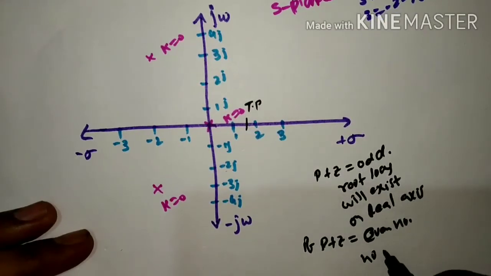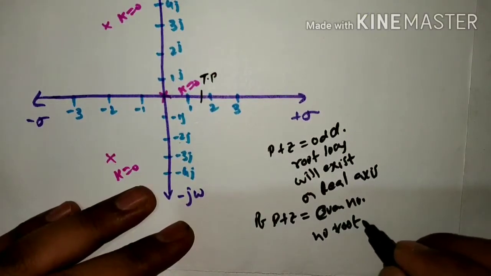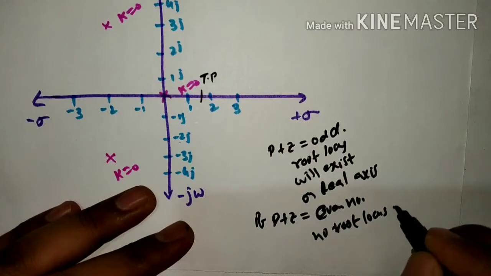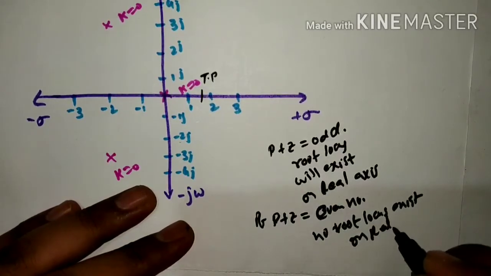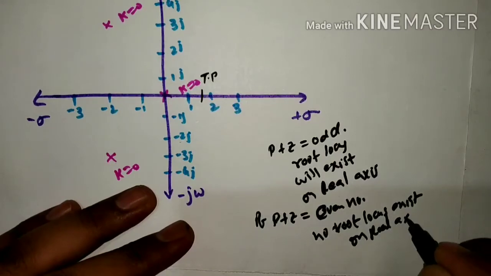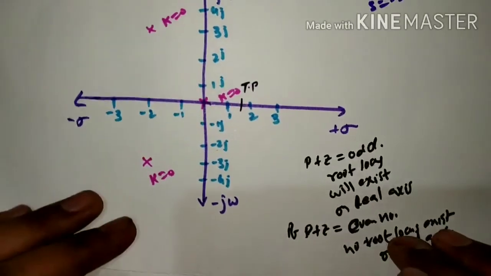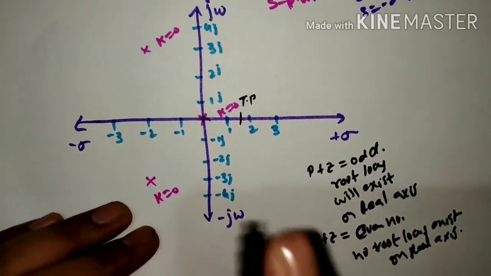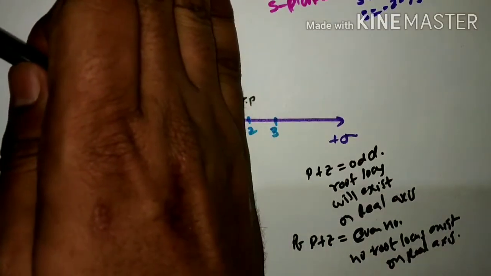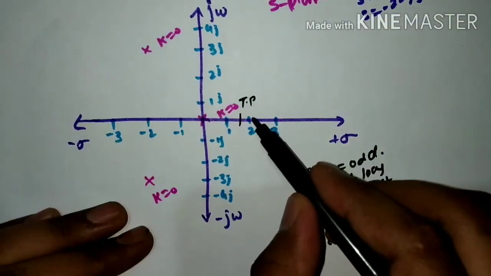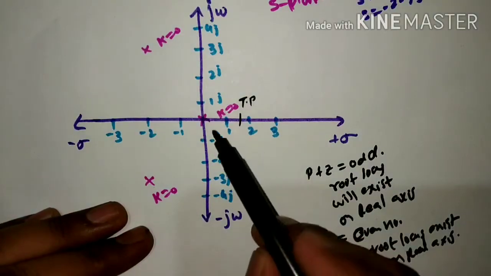If the sum of poles and zeros is 0 or an even number, then no root locus will exist on the real axis. Okay, so now we take the test point. To the right side of this point, how many poles and zeros? The number of poles and zeros is 0.